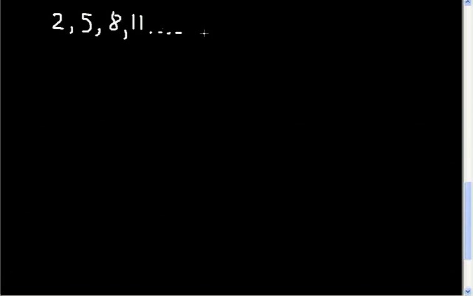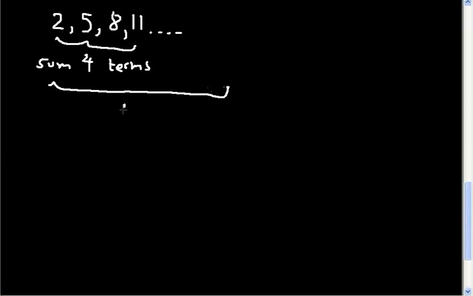Let's say I want to know the sum of the first 4 terms. Okay, that's easy enough, you could just count these. But what if I said I wanted the sum of the first 44 terms? Now you can't go on adding one number to another. That's a rather tedious process.